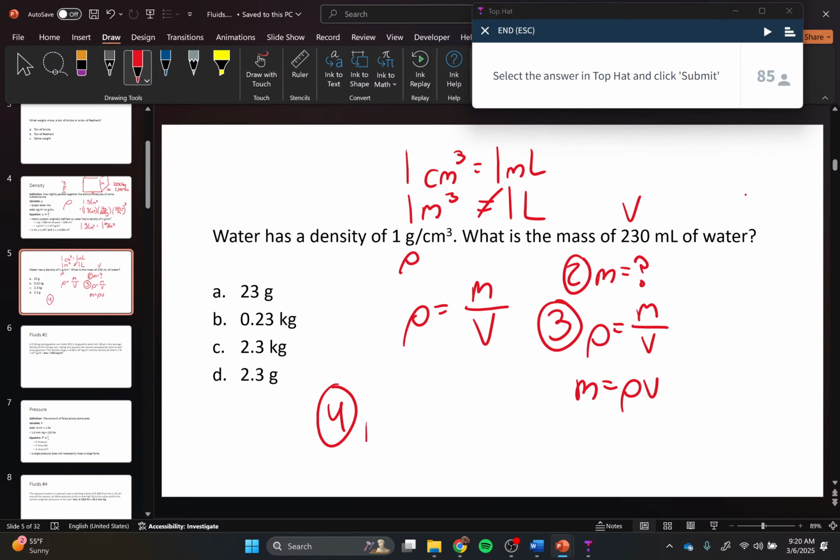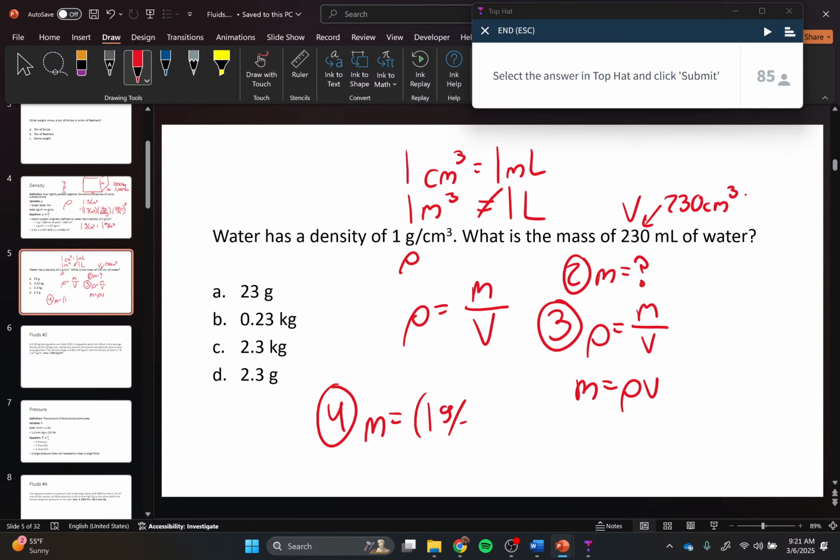So mass is going to equal 1 times, and this is something I'm also going to point out, this is 230 centimeters cubed. The thing you really got to be careful of when you're working with fluids is making sure you're working within units that play nicely with each other. Do not play with grams per centimeter and then a separate variable have meters cubed. Or do not have milliliters and then kilograms somewhere else. Your units got to play nice.